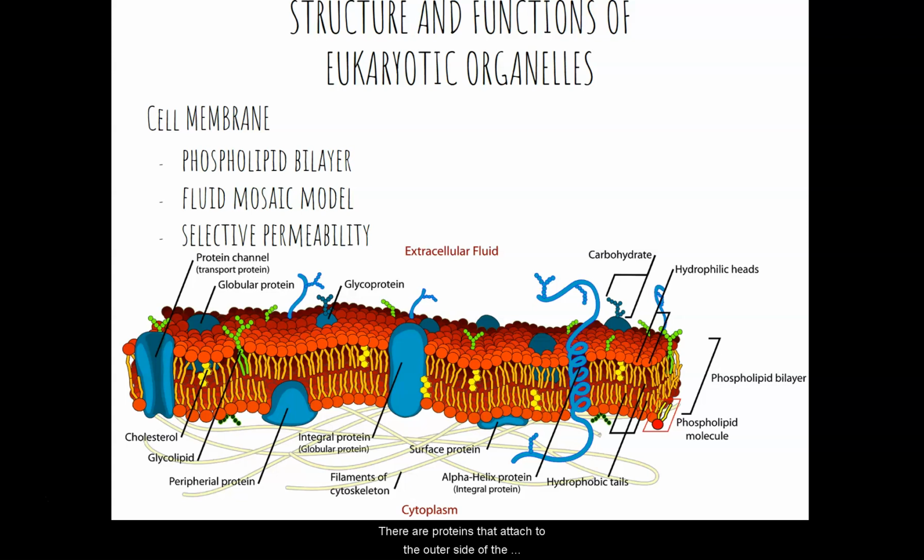There are proteins that attach to the outer side of the cell called glycoproteins, and your cell can use those glycoproteins as messengers to say, I am a cell that belongs to me, versus, oh no, this is a coronavirus. So you can actually detect self from non-self.